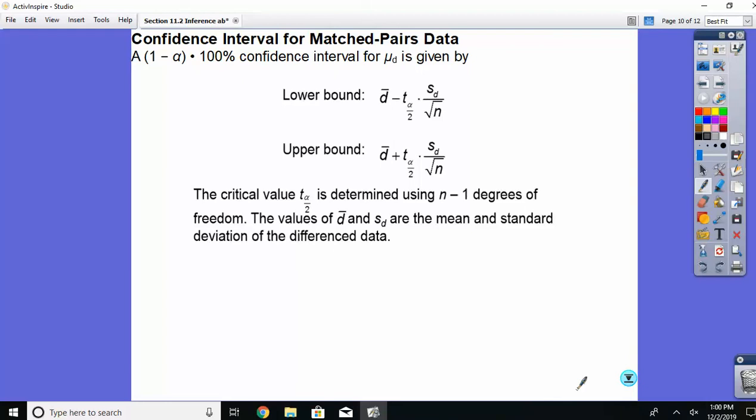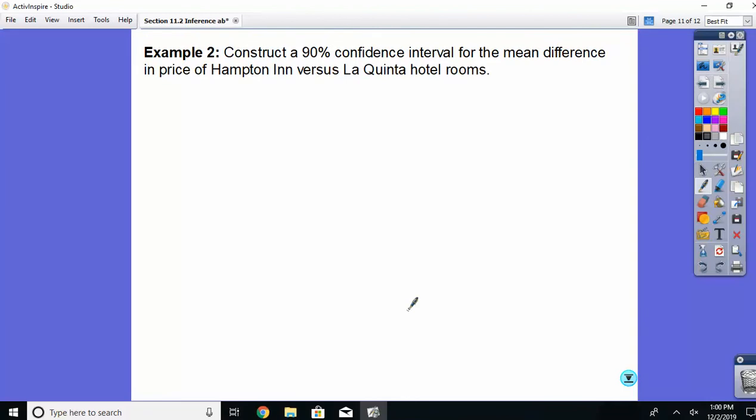Remember you have to watch your degrees of freedom when you calculate your T alpha. Otherwise, it's pretty much the same thing. So let's do one. Let's find a 90% confidence interval for the mean difference in the prices.